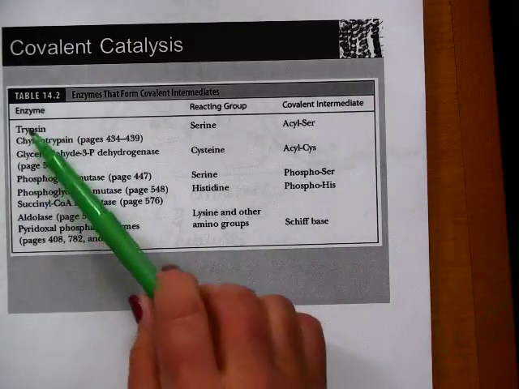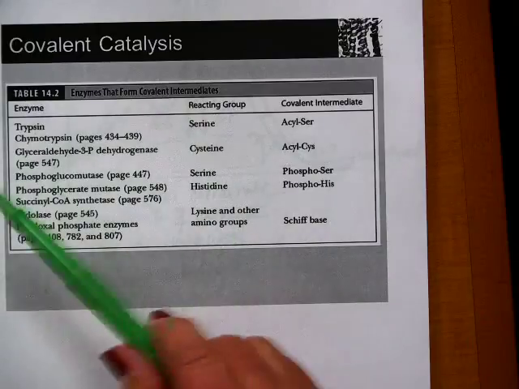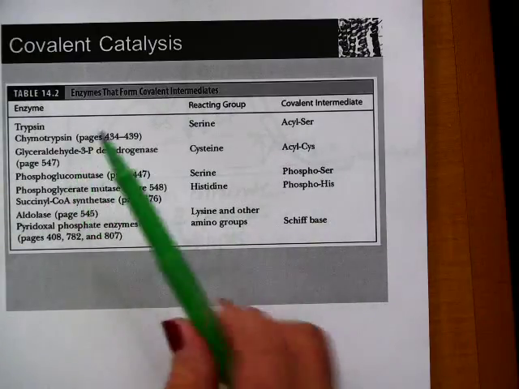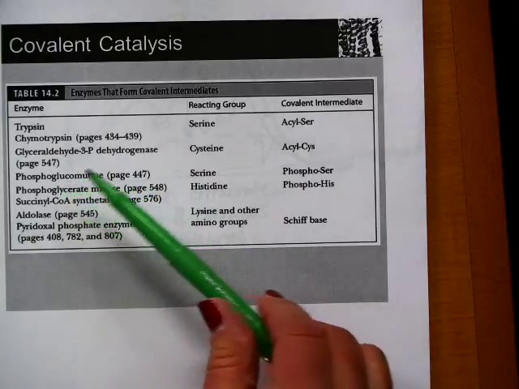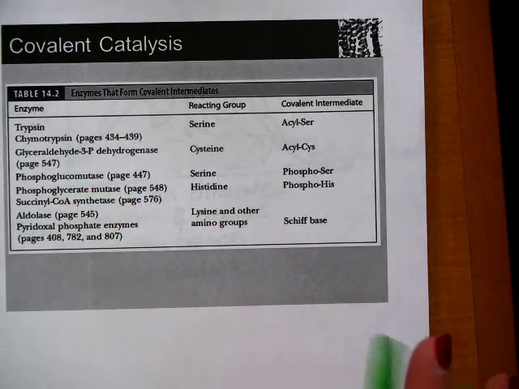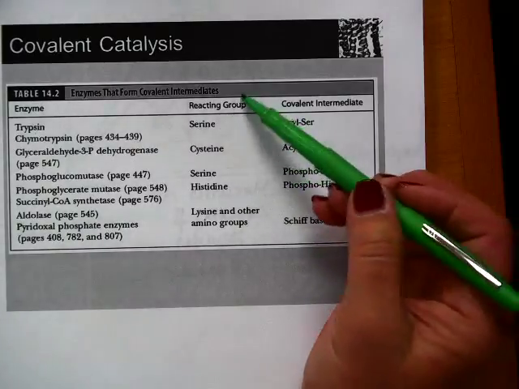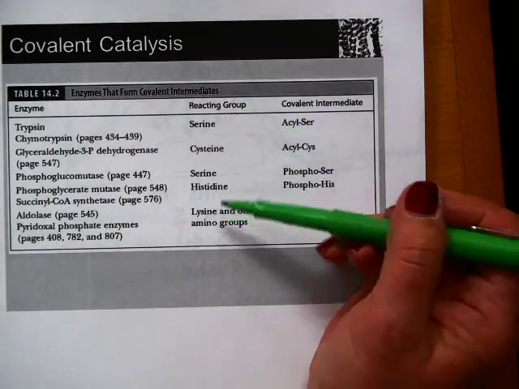Well, trypsin and chymotrypsin we've seen in our protein problems, but glyceraldehyde 3-phosphate dehydrogenase, phosphoglucomutase, we're going to see all of these in one of our metabolic pathways or another. And this just indicates what the reacting group is.